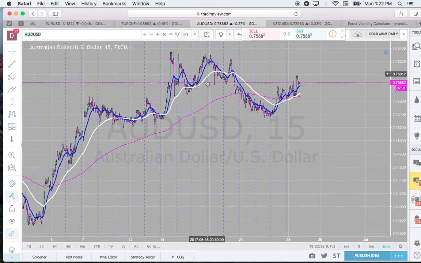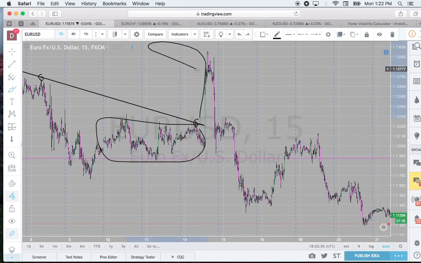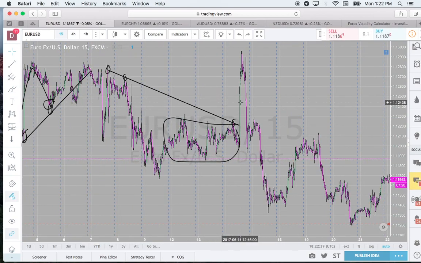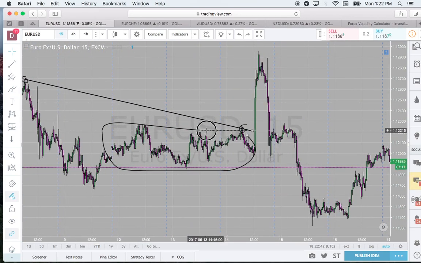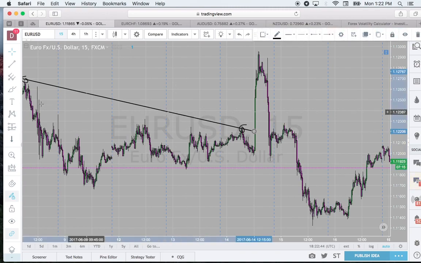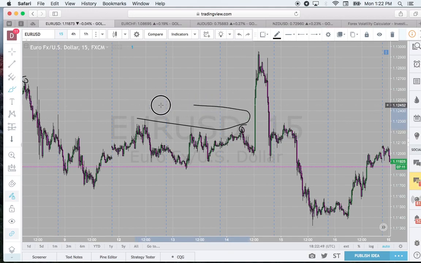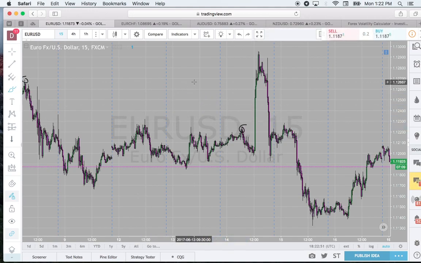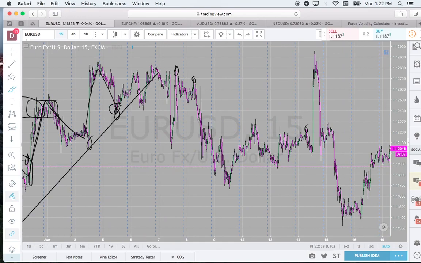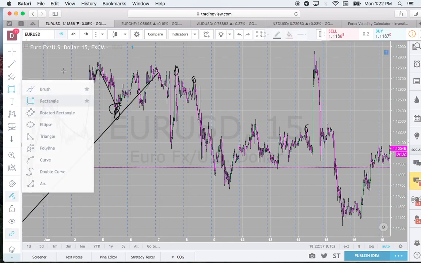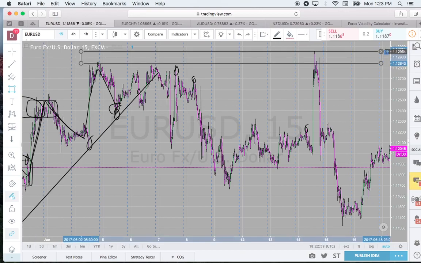Too many people are onto him. Whoops. So, not only does this take out the stop losses of sellers in this area, stop losses in there, but there were also stop losses of sellers in this area.